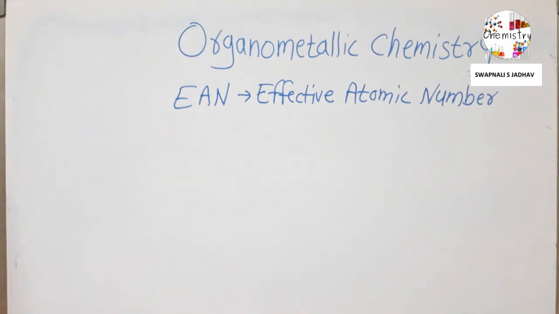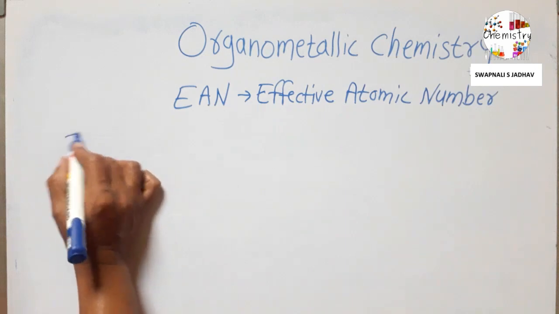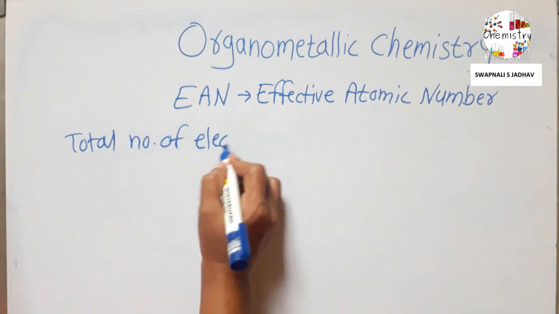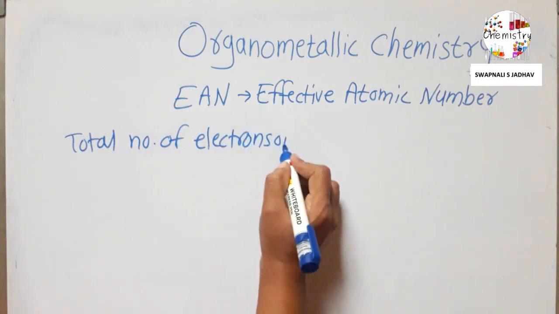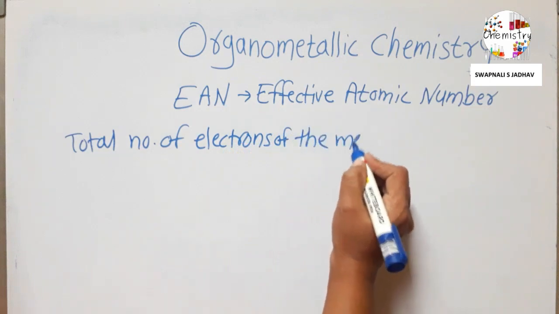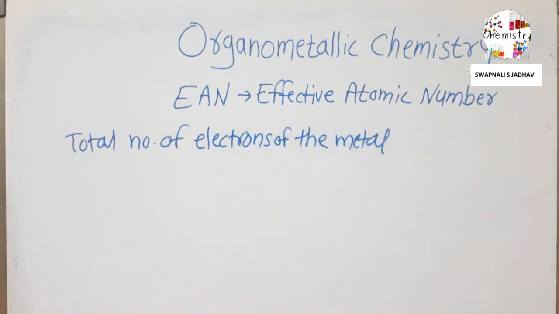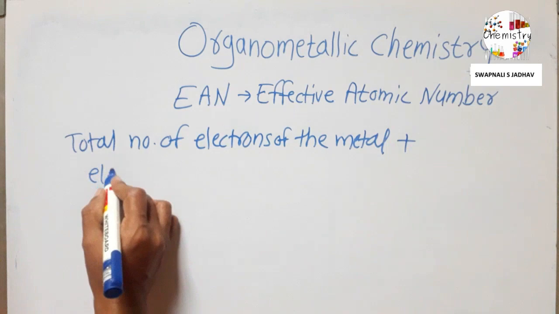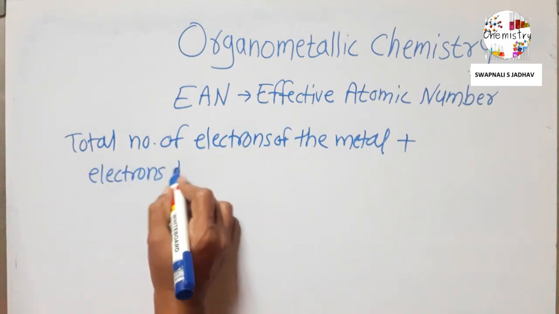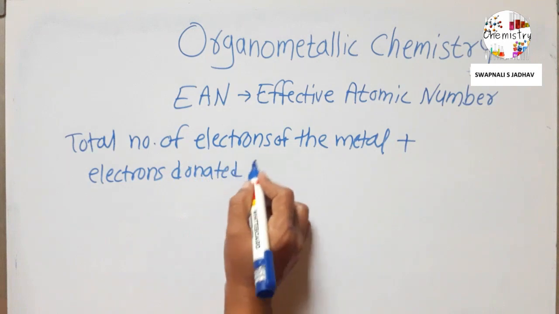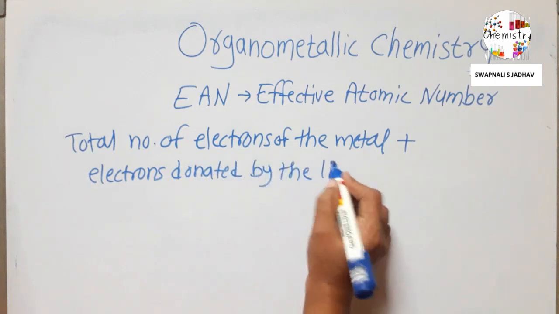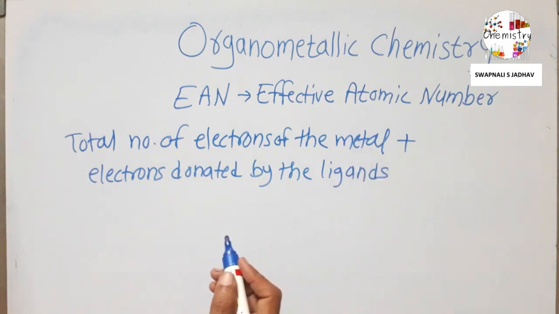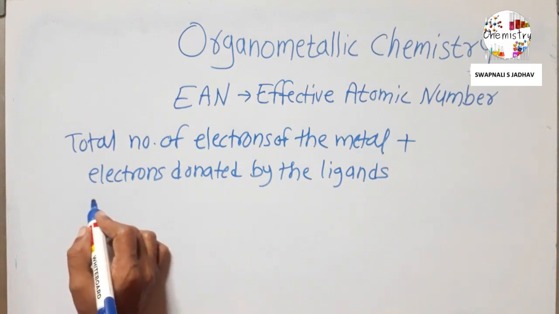Total number of electrons of the metal plus electrons donated by the ligands. We see one example to understand EAN. For example, NiCO4.